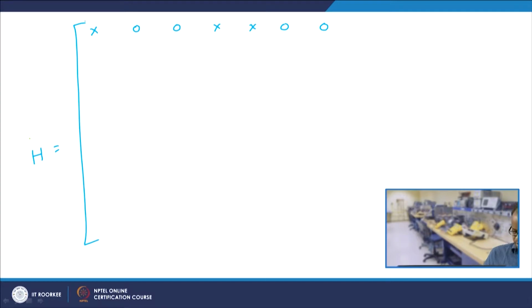We note that this column corresponds to theta 2, this is theta 3, this is theta 4, this is V1, this is V2, this is V3, this is V4. This row corresponds to P12.